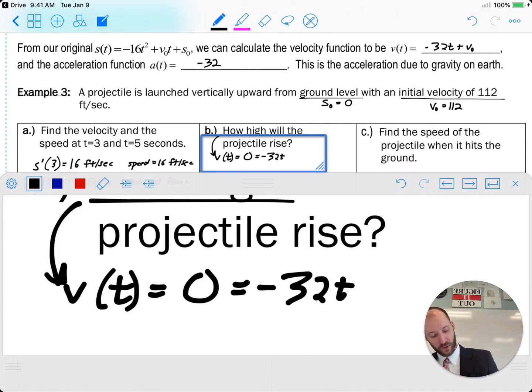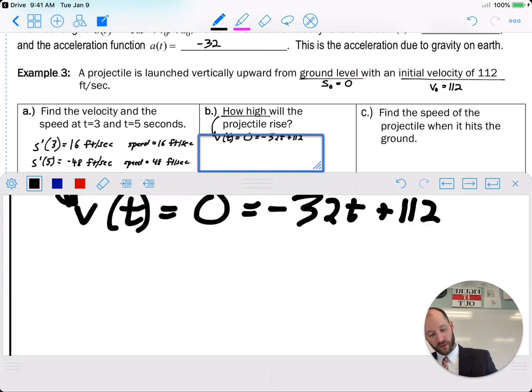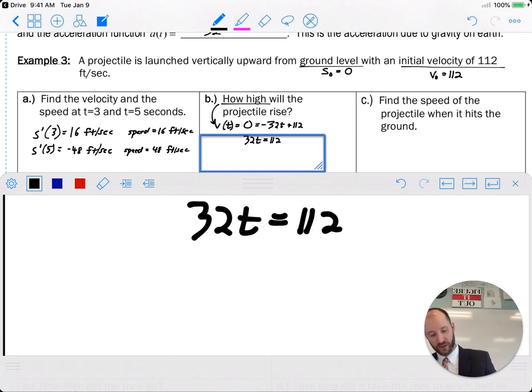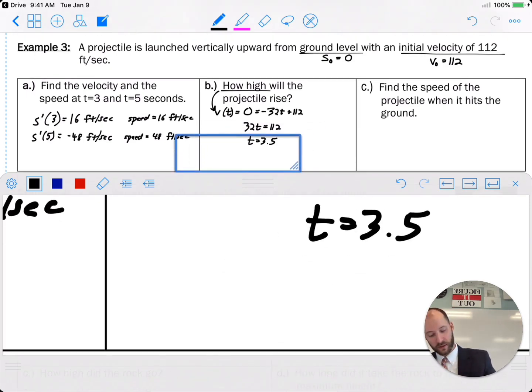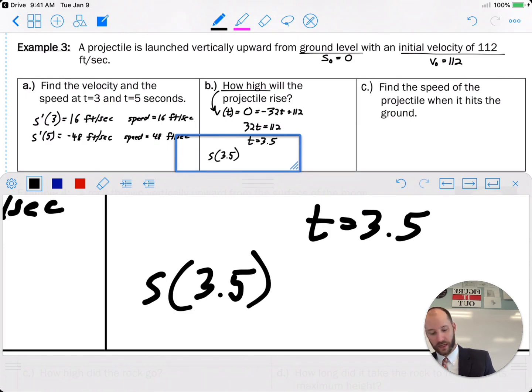V naught is 112. So solve for t, add 32t to both sides. Divide by 32. T is 3.5. So at 3.5 seconds, the object will reach its maximum height. So position at 3.5. Go ahead, plug that in to position. You get 196 feet.